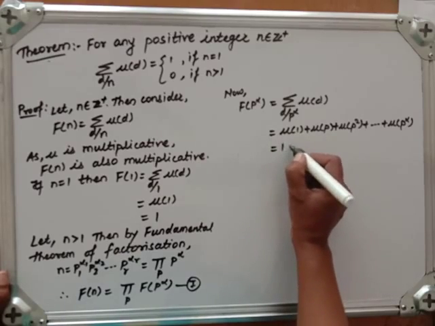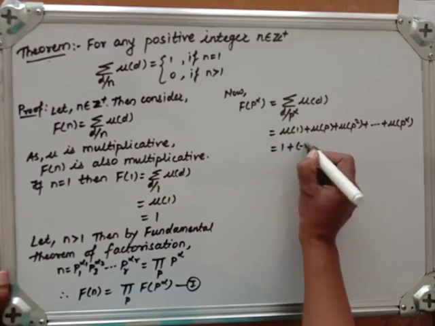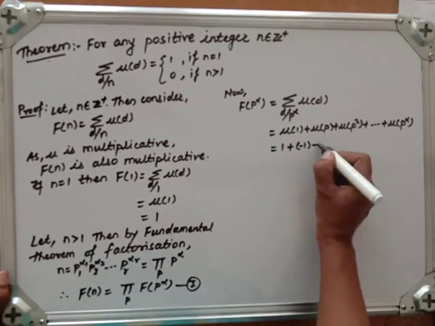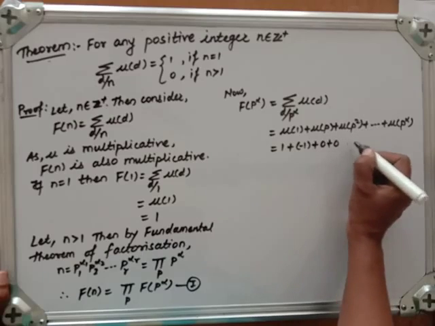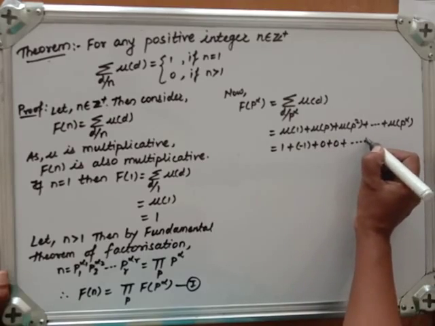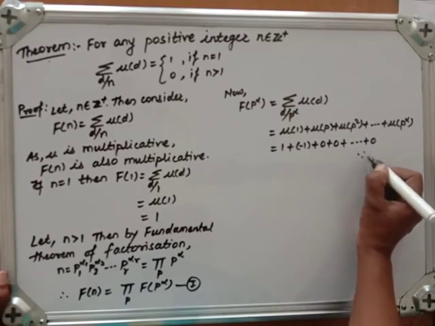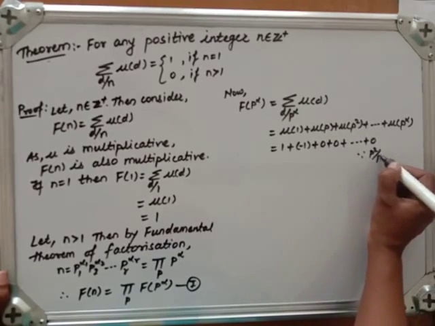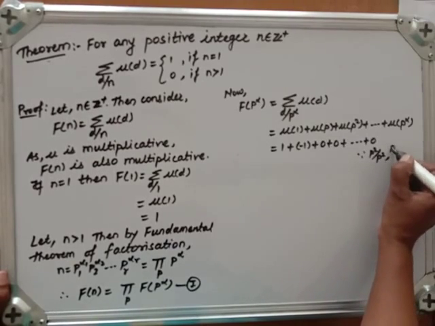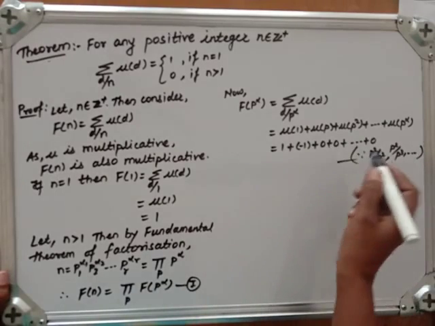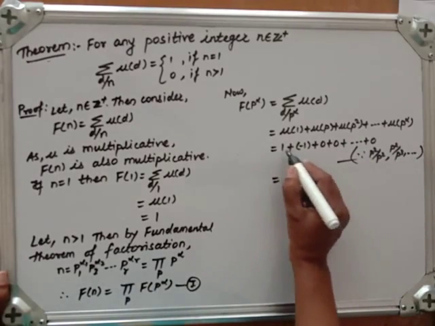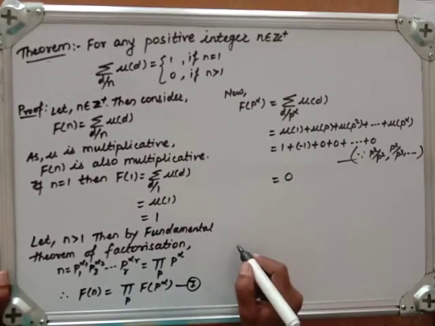Mu of 1 is 1, mu of p is minus 1 since p is a prime. Mu of p square is 0, mu of p cube is 0, and so on up to 0. Why is this? Since p square divides p square, p cube, and so on, p square divides all those further terms, so they become 0. So 1 and minus 1 become 0.